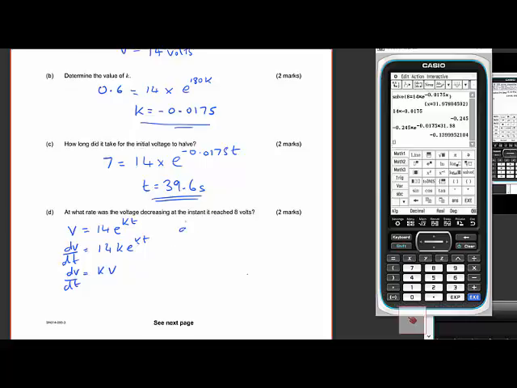So dV/dt, now let's bring in the value of k, is negative 0.0175 multiplied by the voltage, which is 8, and you'll find that that gives you the same answer that we had before at negative 0.14.